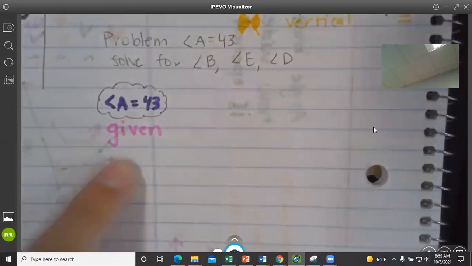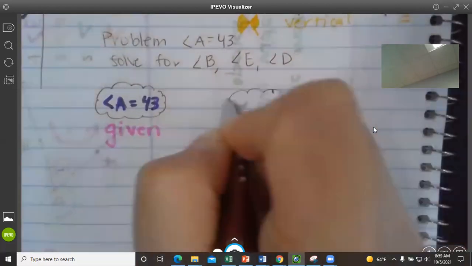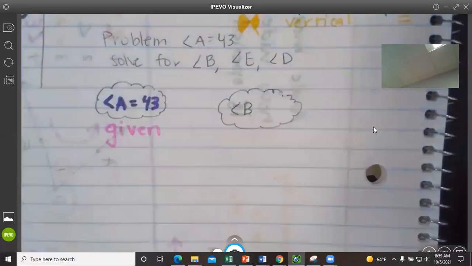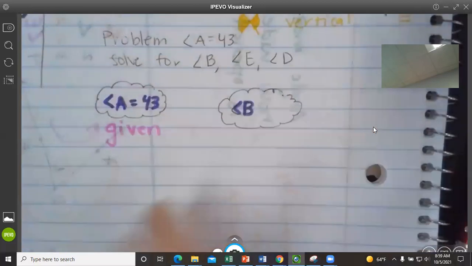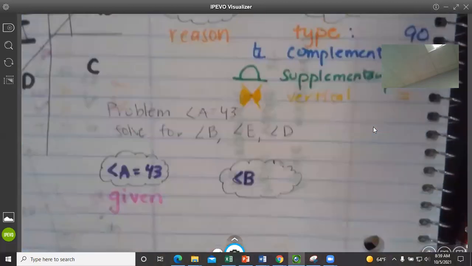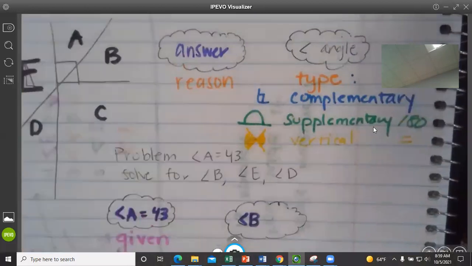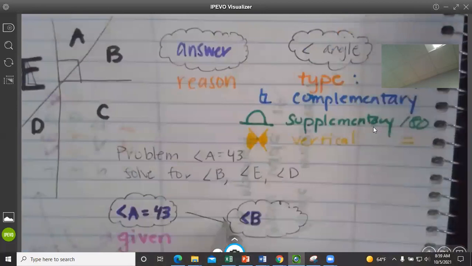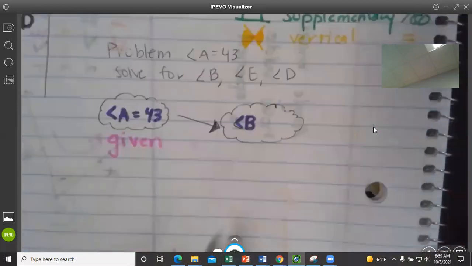All right, the one that y'all did next is B. So we're going to make a cloud for B. There's B. Now, I used A to get to B. So I have to make an arrow from A to B because that represents there's a relationship, a type of angles.